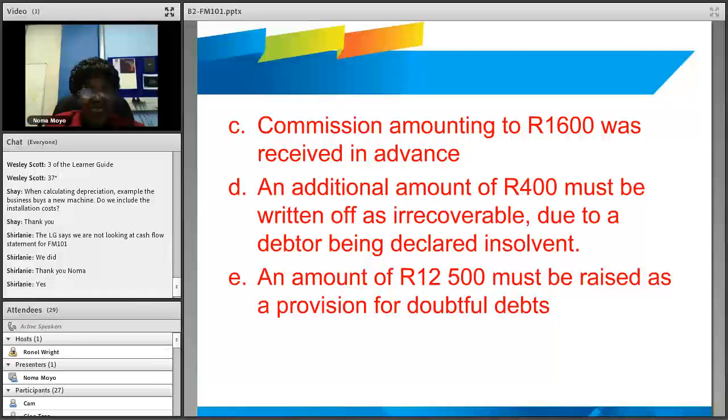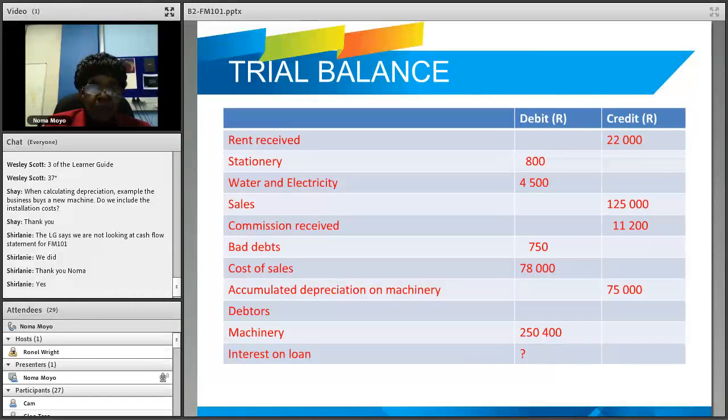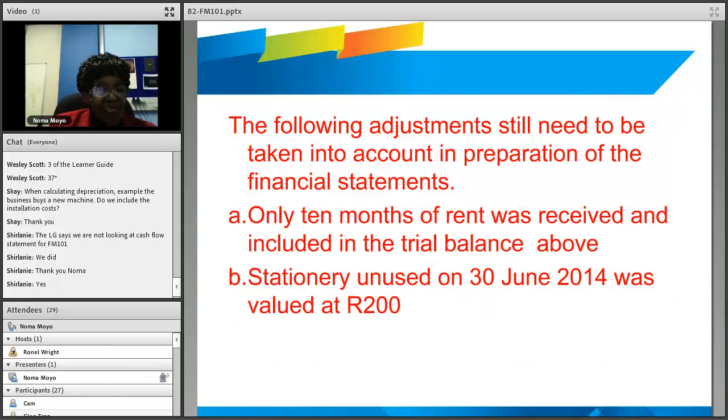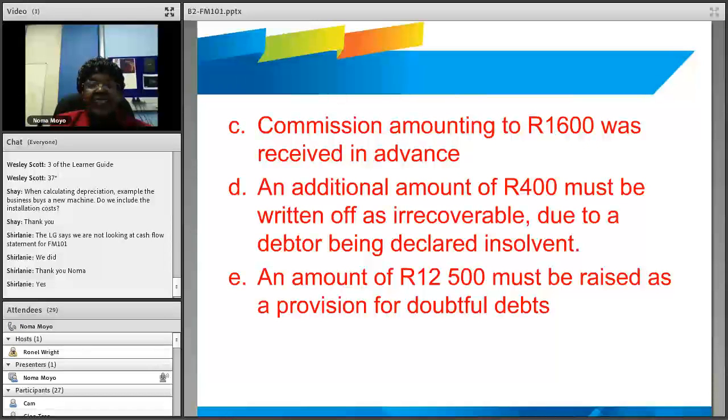C, commission amounting to 1,600 was received in advance. If it's in advance, it means it's not earned this year. It has been paid in advance. Let's look at our commission there. You see, we have received commission 11,200, which means the 11,200 includes the 1,600.